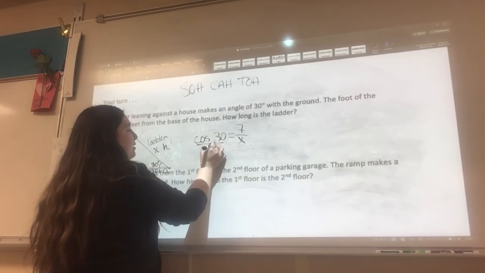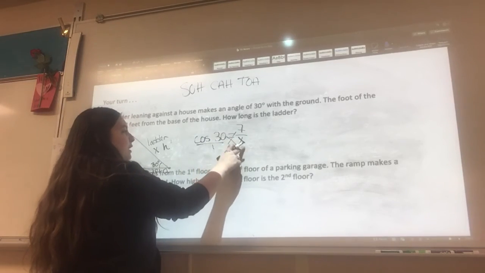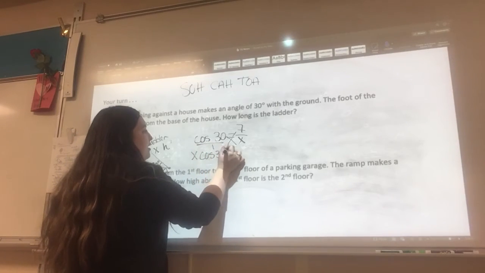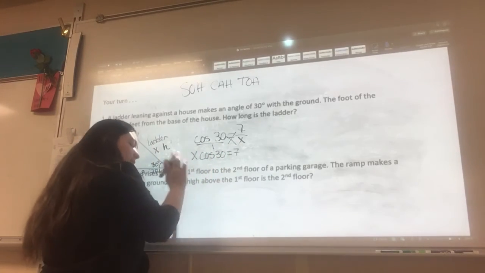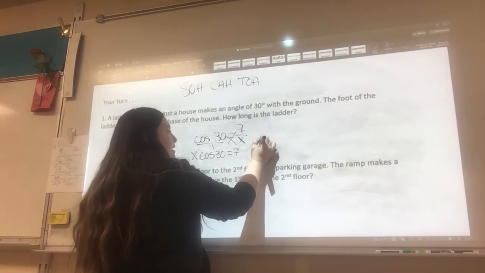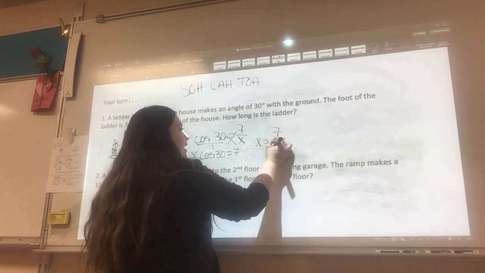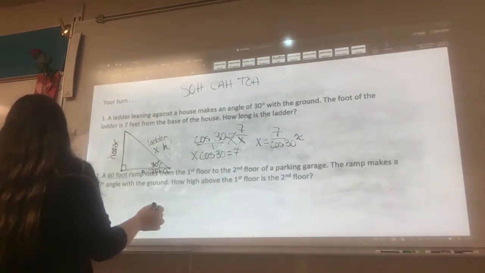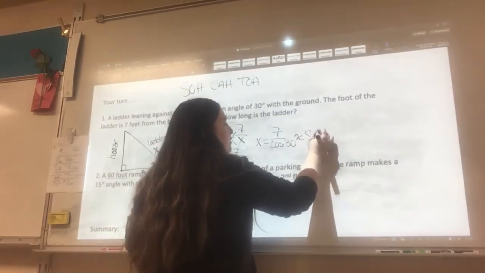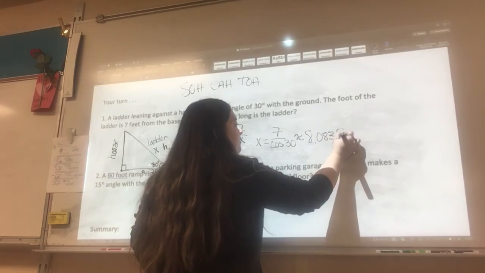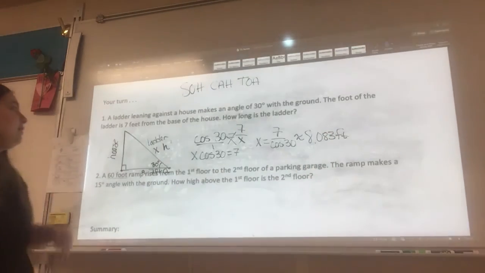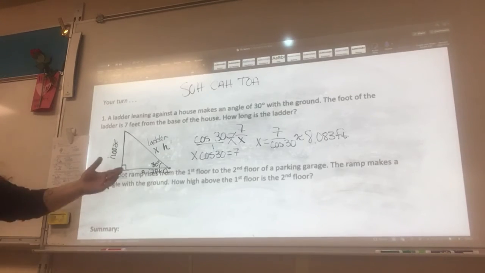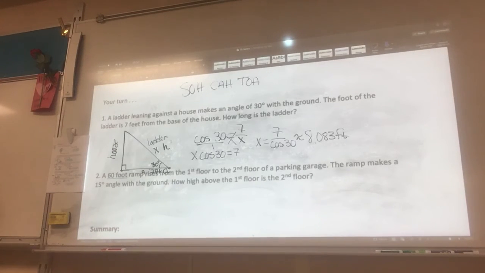Same process, put it over 1, cross multiply, variable first: x times cosine of 30 equals 7 times 1. Get x by itself. We see x is equal to 7 divided by cosine of 30, which is approximately 8.083 feet. Okay? Again, we've been doing a lot of things with feet, so more than likely it's feet. So you have about an 8-foot ladder. It's kind of cool.